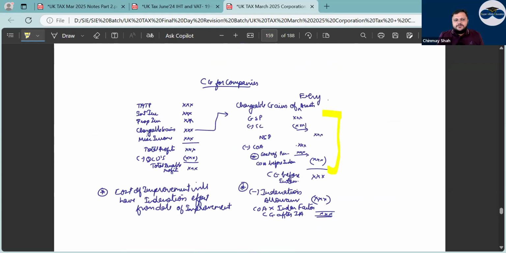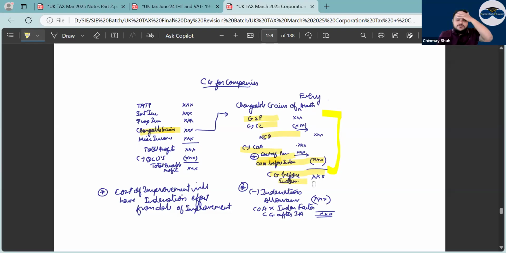Your chargeable gains from your computation, we will go here. Gross sale proceeds minus the selling cost gives you net sale proceeds minus cost of acquisition, that is cost of purchase, correct? That will give you CG before indexation, because for companies indexation is allowed up to December 2017.